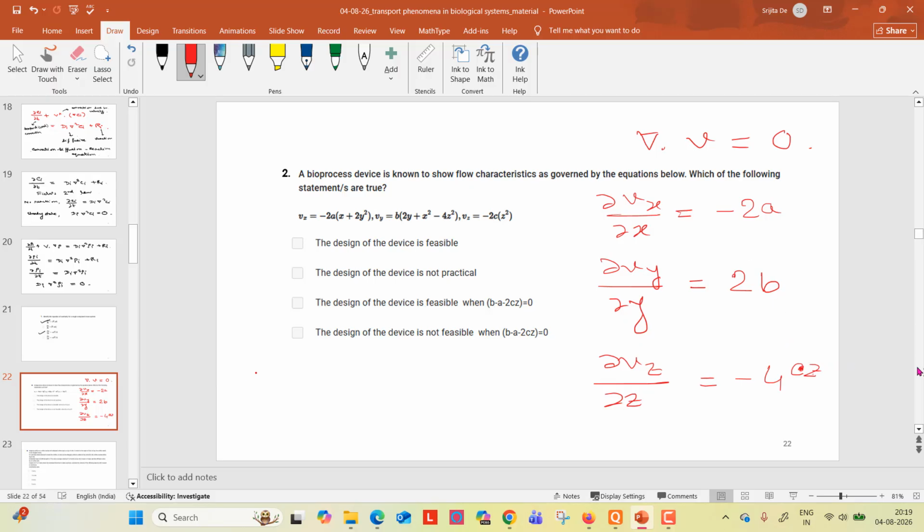So minus 2a plus 2b minus 4cz equals 0. So it will be b minus a minus 2cz equals 0. The design of the device is feasible when this is true. So it is option C. Next.